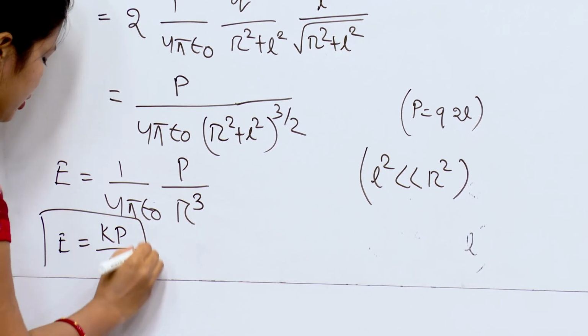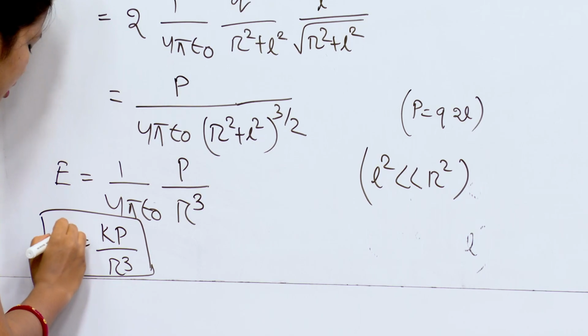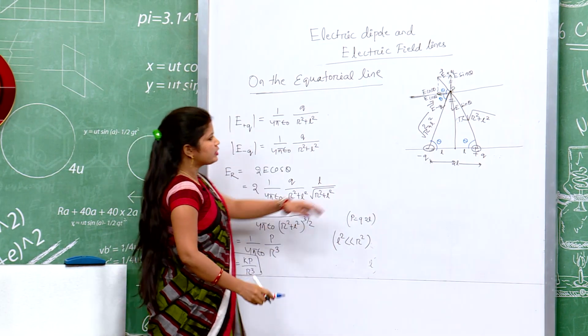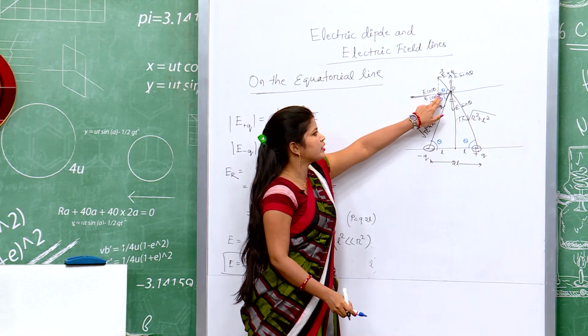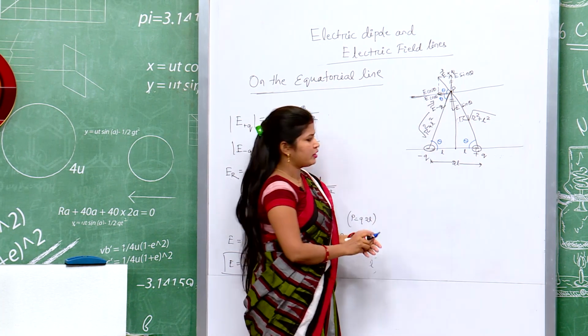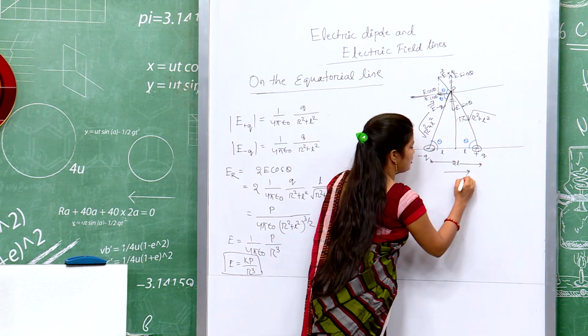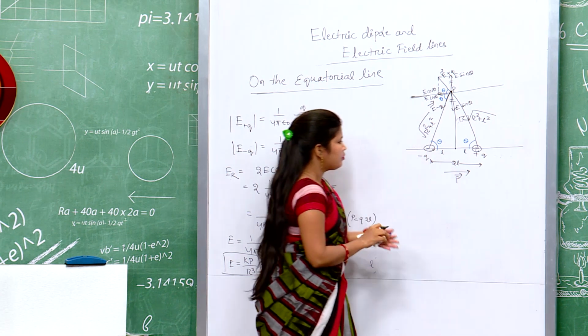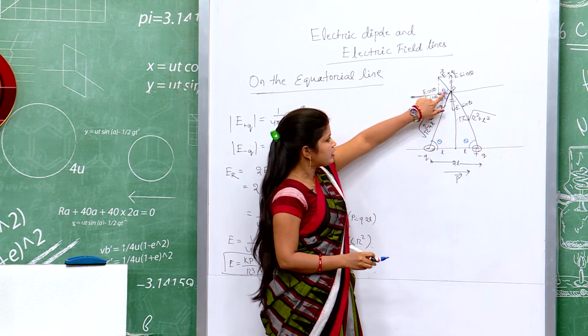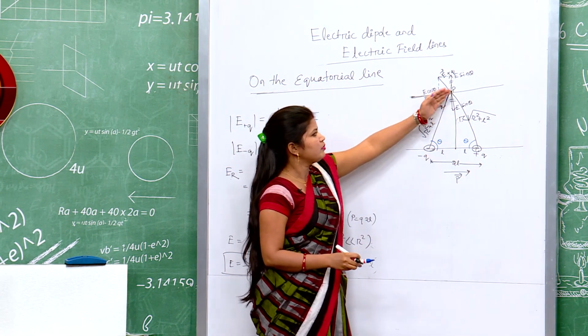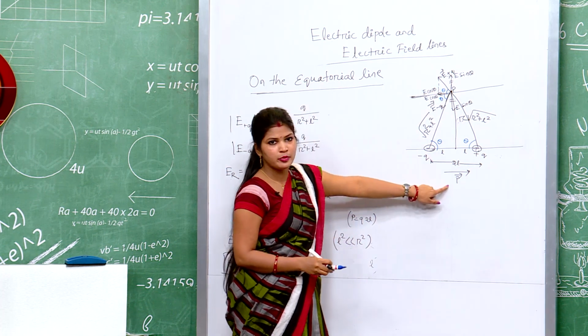This is the magnitude of electric field intensity, and the direction is, see, what is the direction of the resultant electric field? That is opposite to p, because the direction of dipole moment is from minus q to plus q, but the resultant field direction is opposite to p.